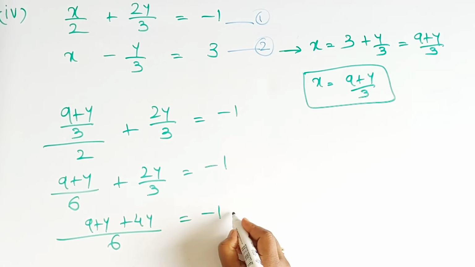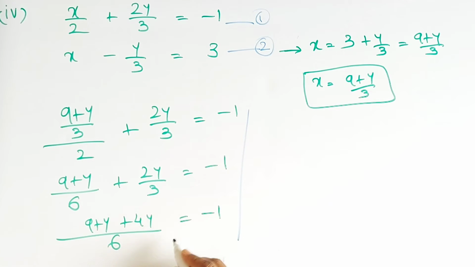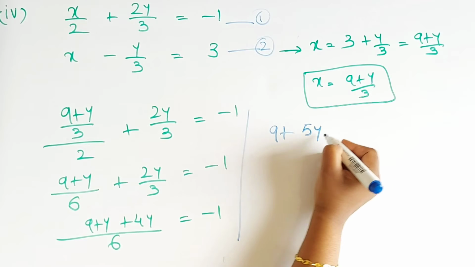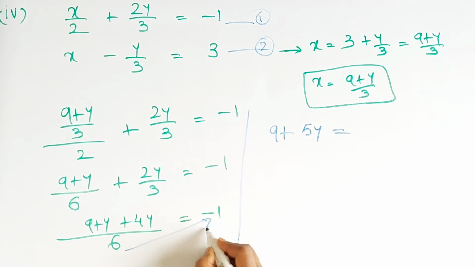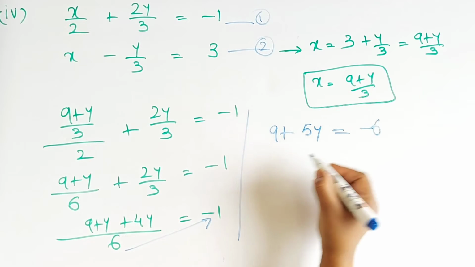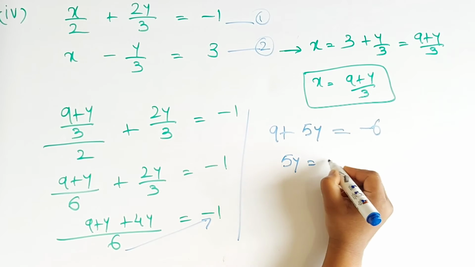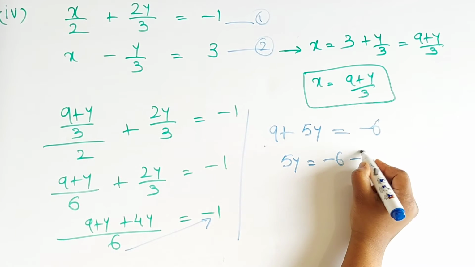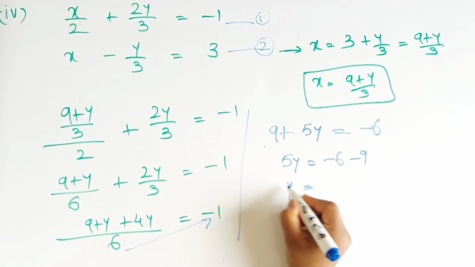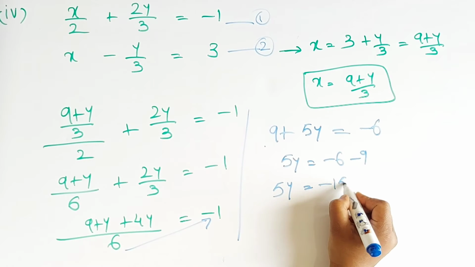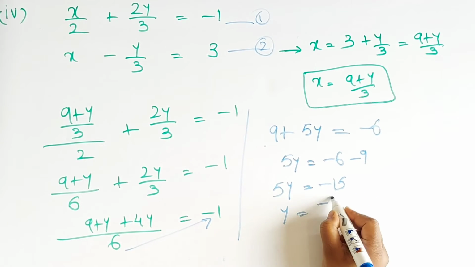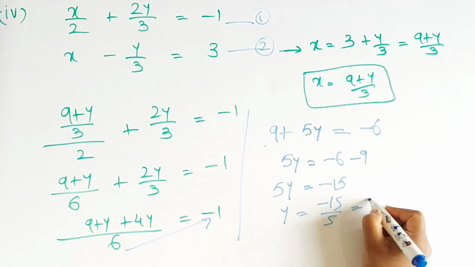So after this, 9 plus 5y equal to, this 6 will go to the right hand side, -6. Now 5y equal to -6 minus 9. 5y equal to -15, children. Now y equal to -15/5, -3.